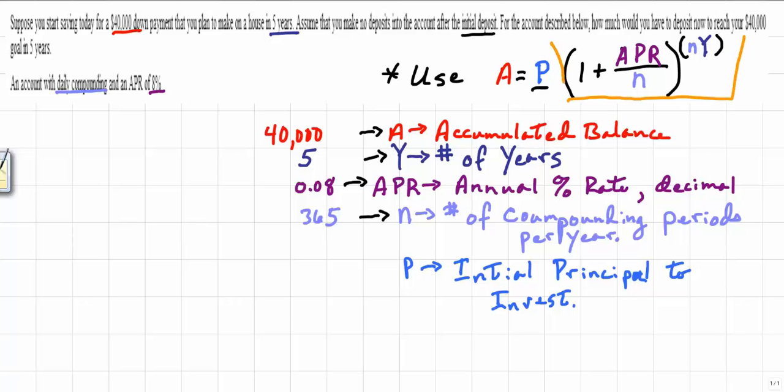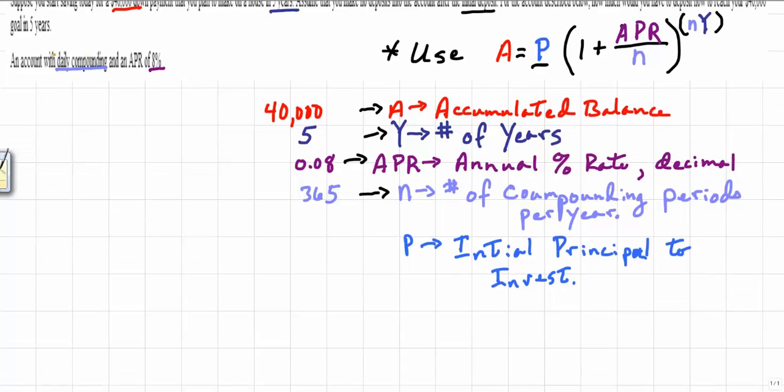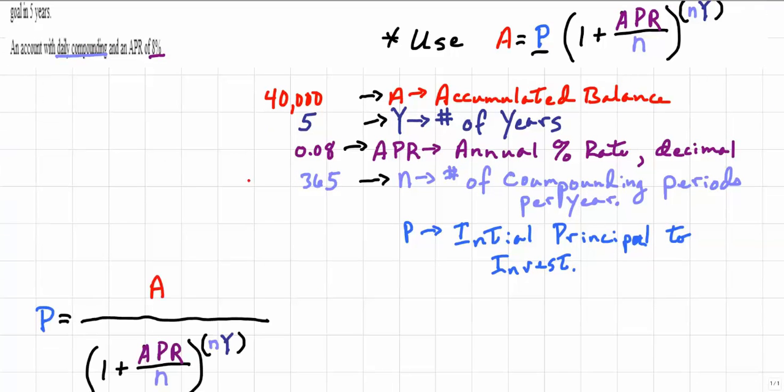If I divide through by that, then I will have what P is equal to. So let's go ahead and do that. We divide through, and we can see down here that I've gone ahead and divided through by the entire expression 1 plus APR over N raised to the NY power.